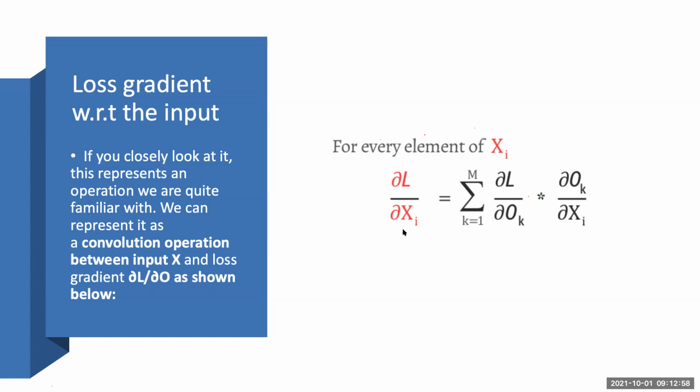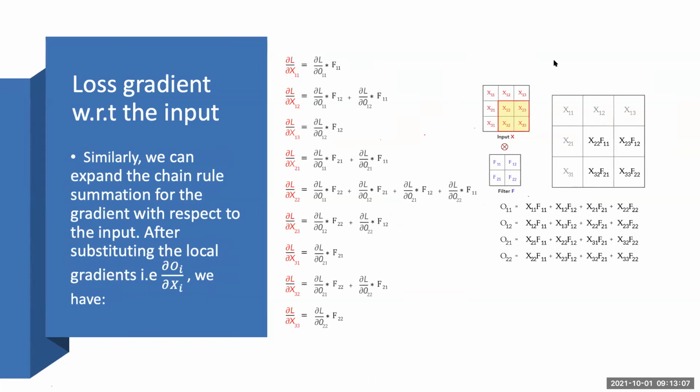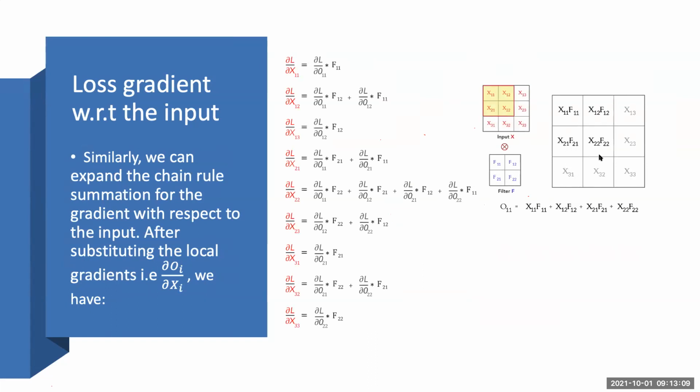And just like we expanded the previous one for the filter, when you expand this, you might have to take a pen and paper, but if you follow this animated operation here and expand the equation in the previous slides and make your substitution, you get this.